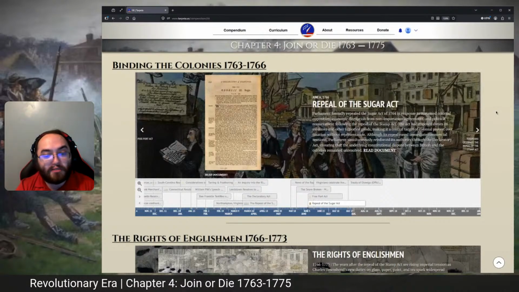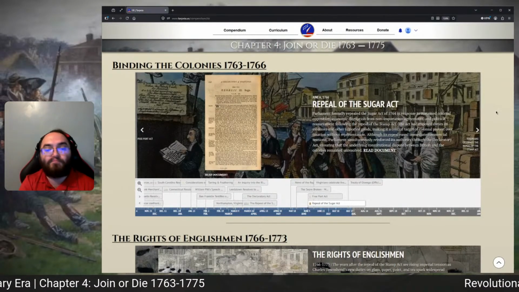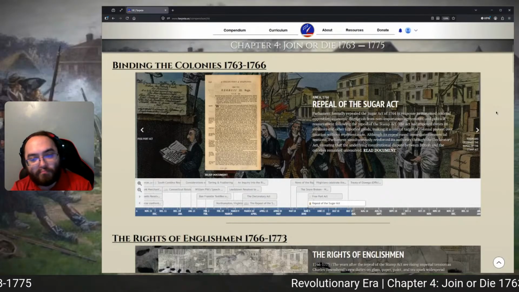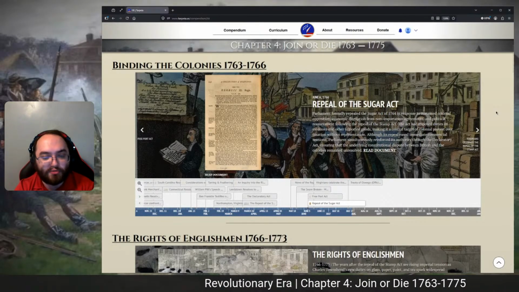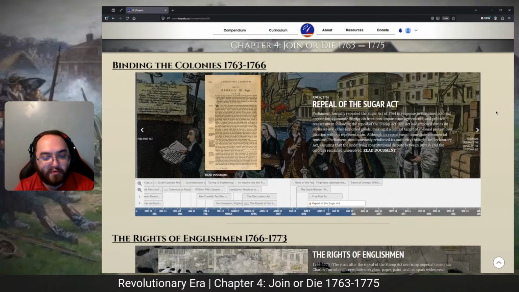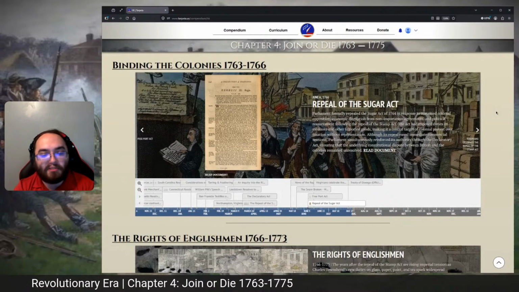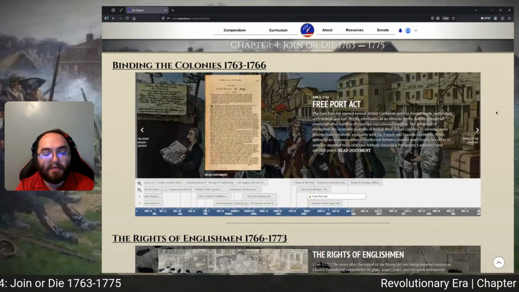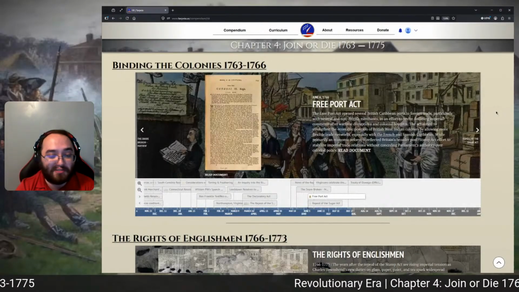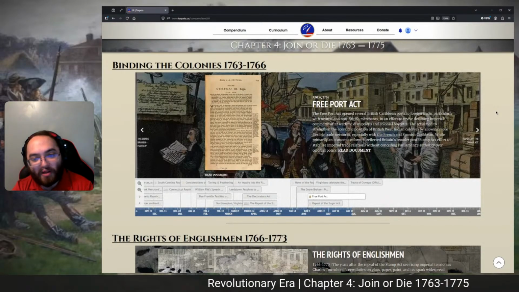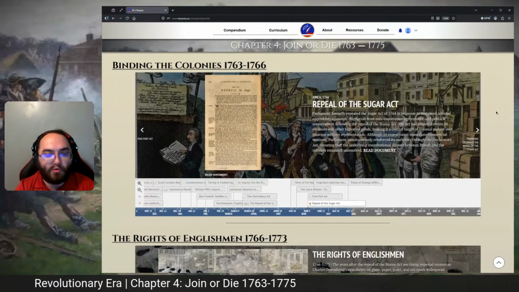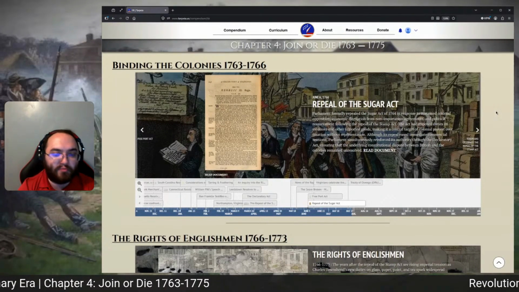So the Sugar Act, which started this section, the first British policy that this section includes, is repealed by the end of it. It's repealed right around the same time as the repeal of the Stamp Act, but also the passage of the Declaratory Act. And then the Free Port Act just opened up trade between some of the Caribbean colonies and the North American colonies.